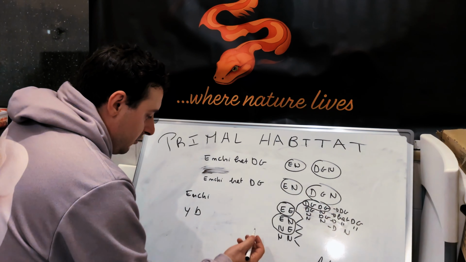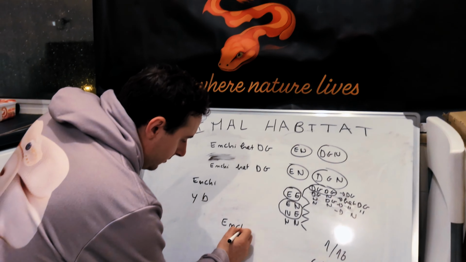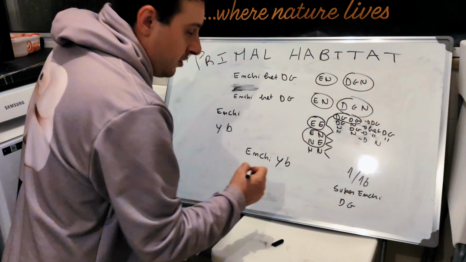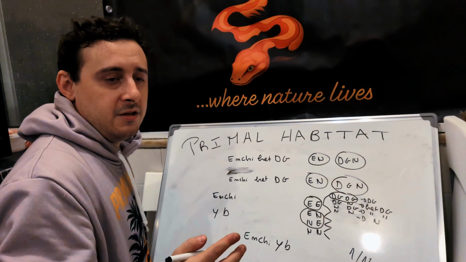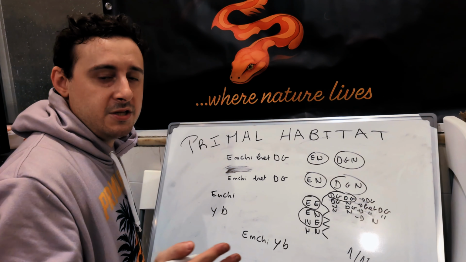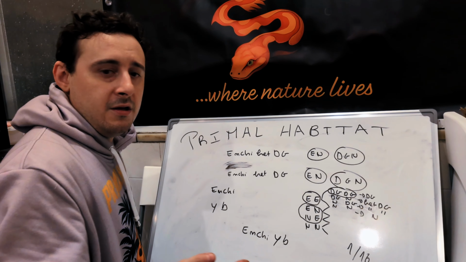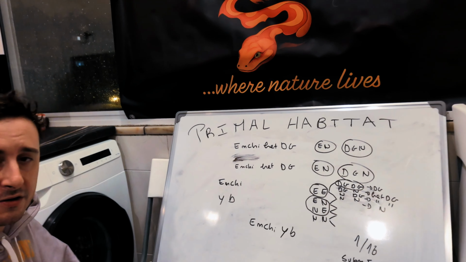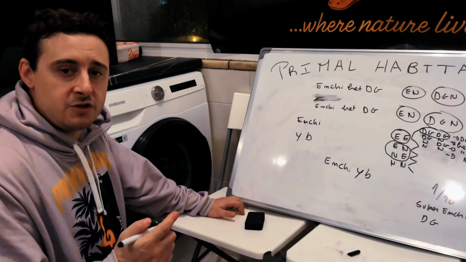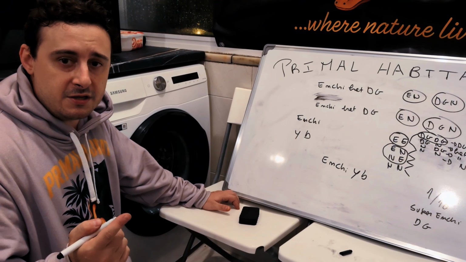You will have the two genes, Enchi and yellow belly. But if the two genes are allelic, like in the Bell complex, which is the blue-eyed leucistic complex, if you have two genes of that complex, you will produce a superform, which is a blue-eyed leucistic.